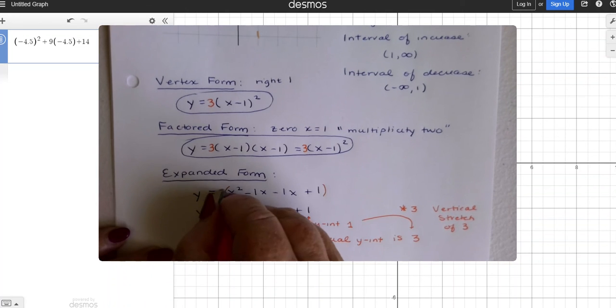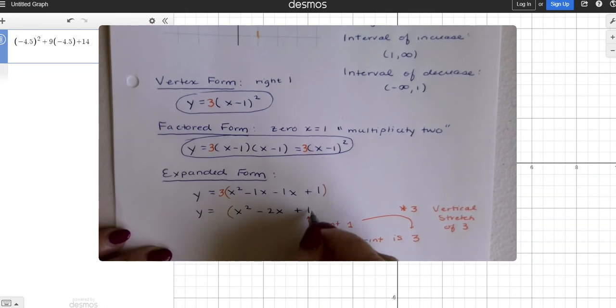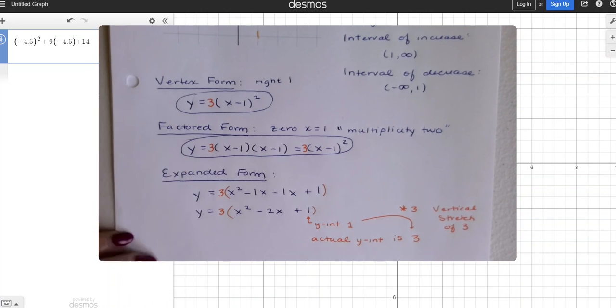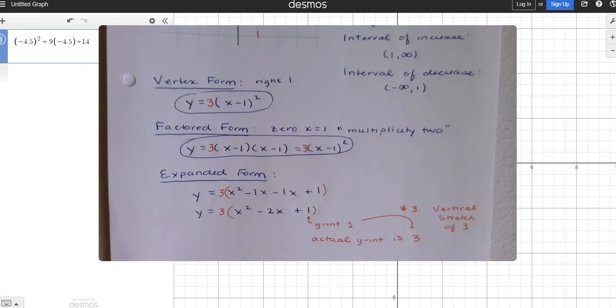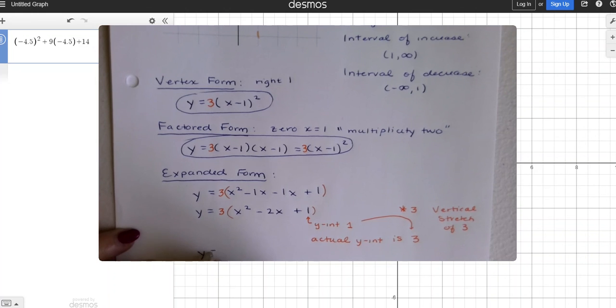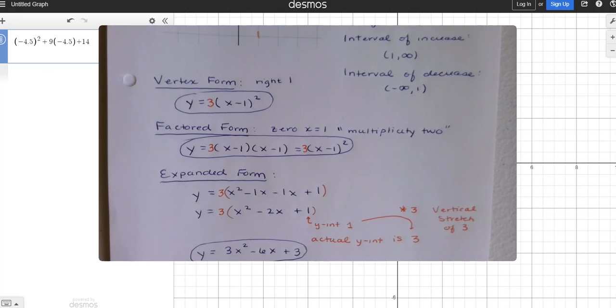So there's a multiplier of 3 here. There's a multiplier of 3 there. And my final expanded form is going to look like 3x squared minus 6x plus 3. And now I've accounted for that y-intercept of 3 the way I needed to.